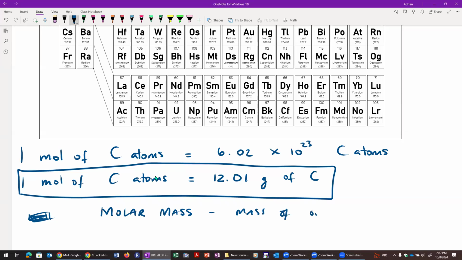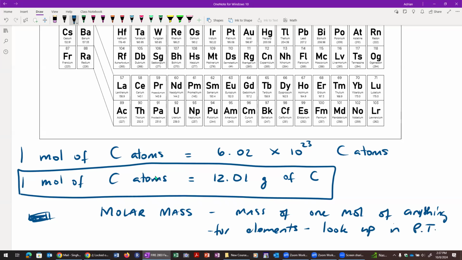So the molar mass is the mass of 1 mole of anything. And for the elements, all we need to do is look it up in the PT, the periodic table. It's the same number as the atomic mass.